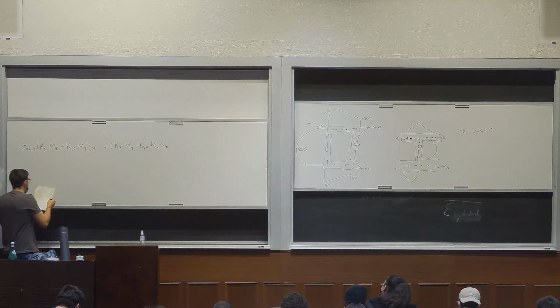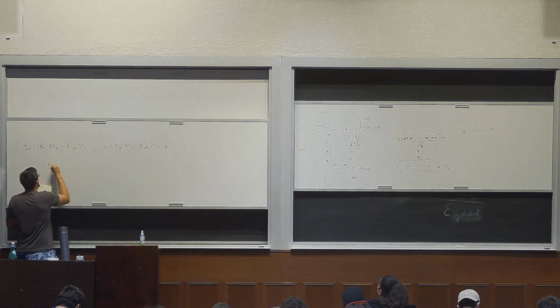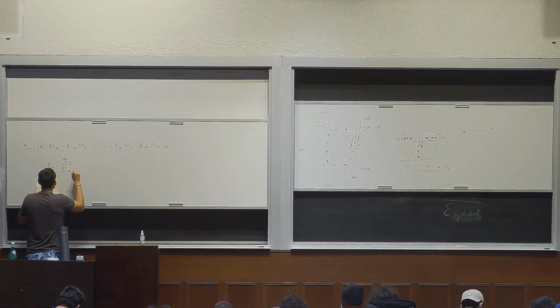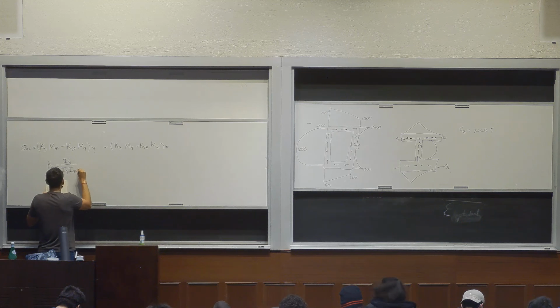So what do these k's mean? Ky equals Iz over Iy Iz minus Iyz squared.